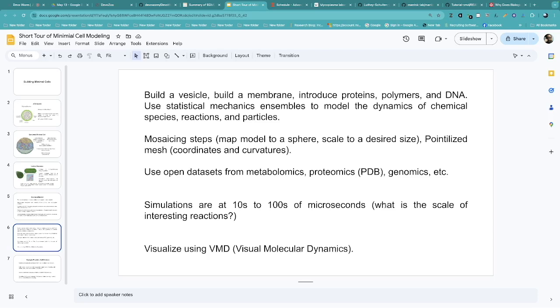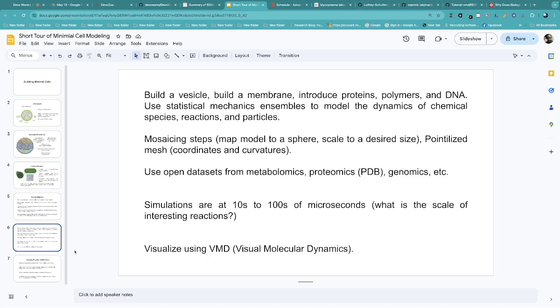If I'm interested just in protein folding, I want a very short set of windows. If I'm interested in cell division, I might have a longer set of windows. Or not, cell division is interesting because there are a lot of things happening at very short time scales and then things happening at longer time scales.